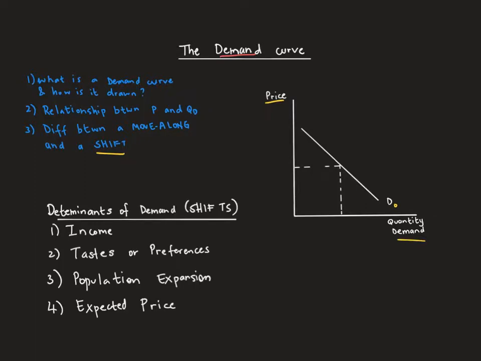On the left-hand side, we see that there are different determinants of demand, or what we can call the shifters of demand. So these 4 factors below all cause the demand curve to either increase, shift to the right, or to decrease, shift to the left. Let's, for example, do an increase in demand, or shift the demand curve to the right-hand side.